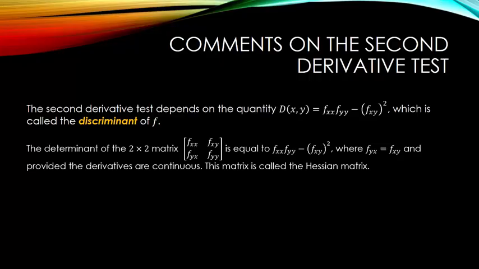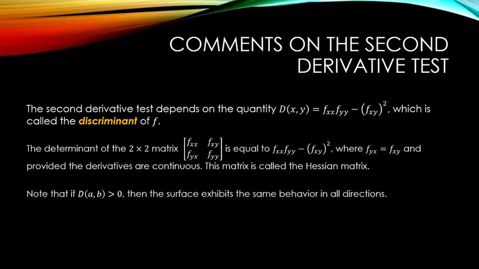A way to remember this is that the determinant of a 2x2 matrix, with the first row having fxx and fxy in it, and the second row having fyx and fyy in it, is equal to fxx times fyy minus fxy squared, where fyx is equal to fxy, provided the derivatives are continuous. This particular matrix is called the Hessian matrix.